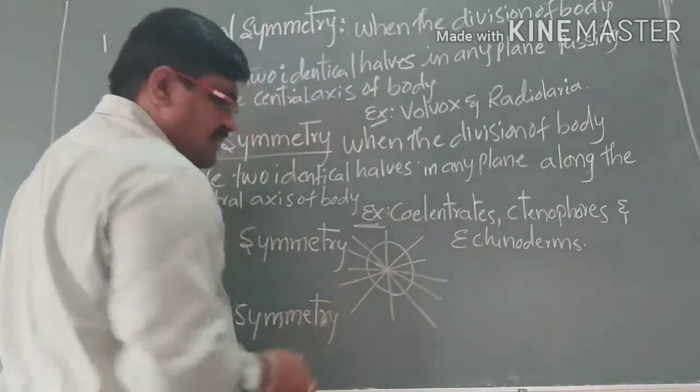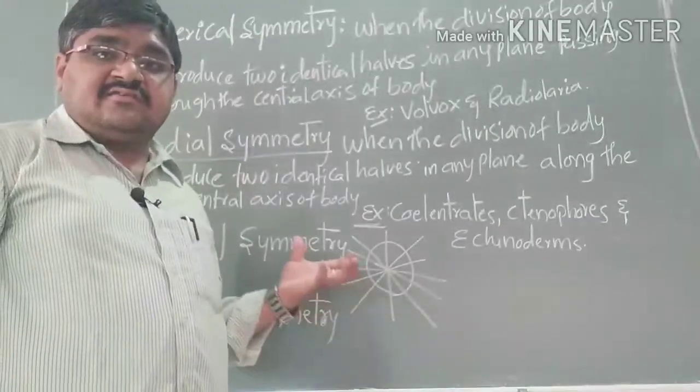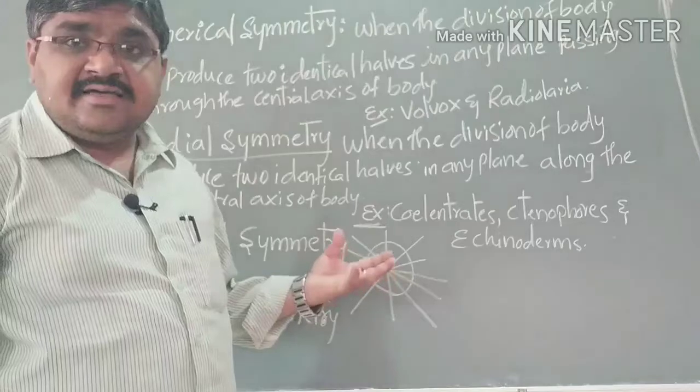Then such symmetry is called the radial symmetry.